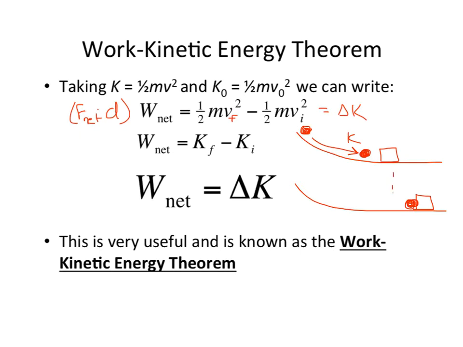Going from here to here, that's some distance. Well, that's work being done. It takes a force to move that box that distance, which means your initial kinetic energy and your final kinetic energy are going to be different. You're going to have less kinetic energy in the ball because some of that energy went into moving the box, the work required to move that box.